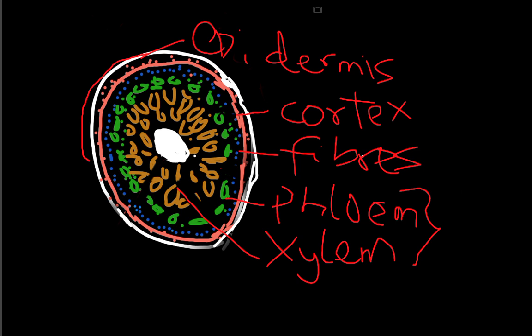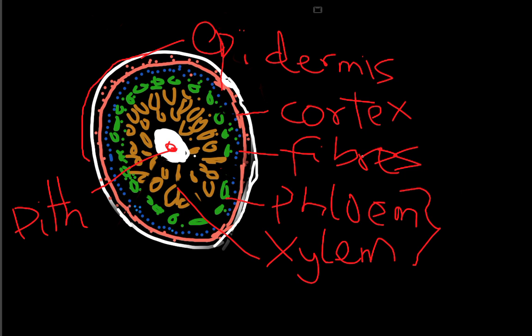And then in the center is what we call the pith. Now what I described in this drawing is the internal structure of a dicotyledon.